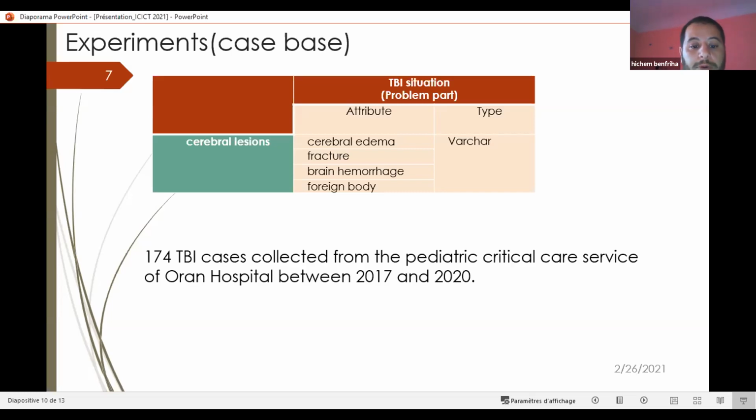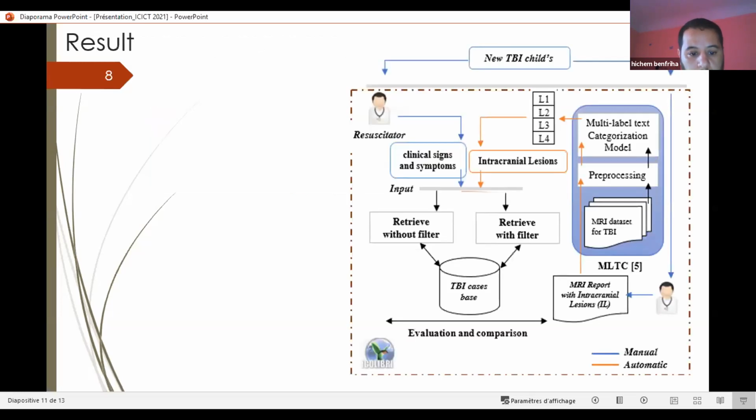The proposed approach is tested on 174 TB cases collected from the pediatric critical care service of Oran Hospital between 1987 and 2018. To evaluate our approach, we adopted the following strategy.